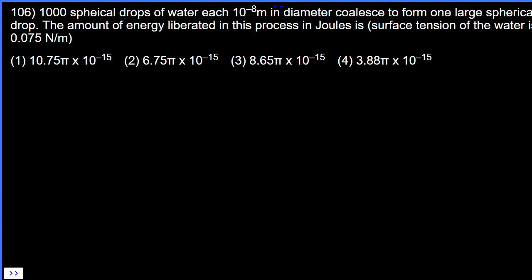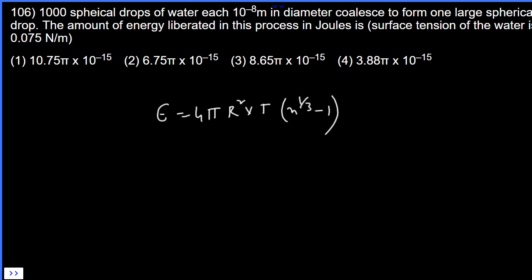The formula for energy released is 4 pi capital R square into surface tension into n power 1 by 3 minus 1.